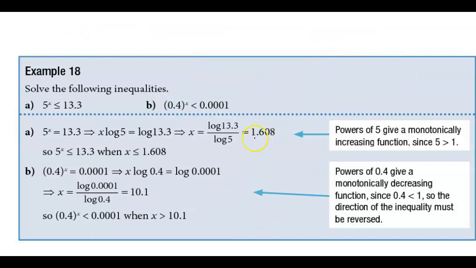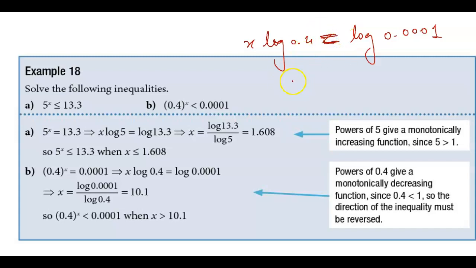Or for understanding this, we can also consider the inequality itself. x log of 0.4 must be less than log of 0.0001, right, children? When you solve this, take this as equality.